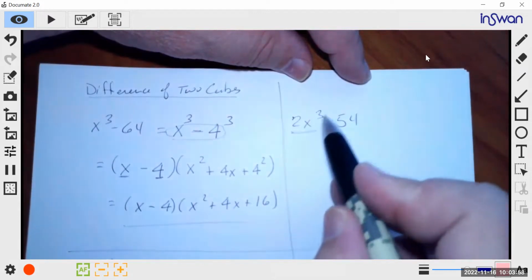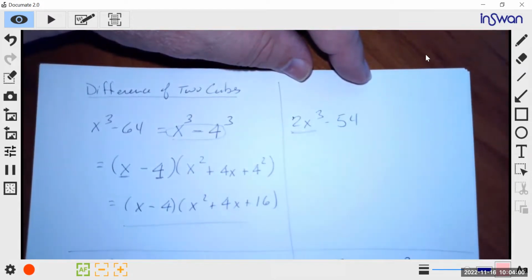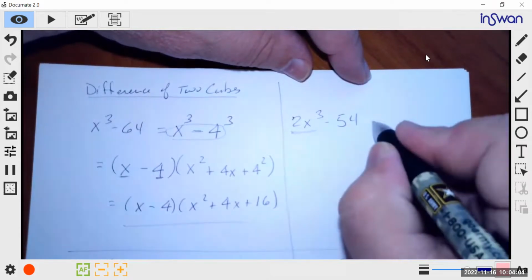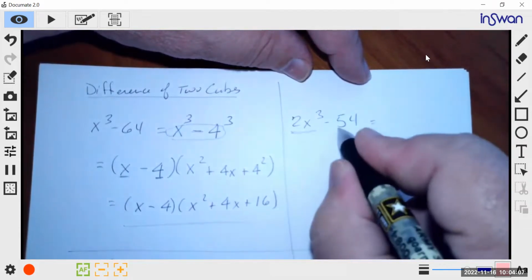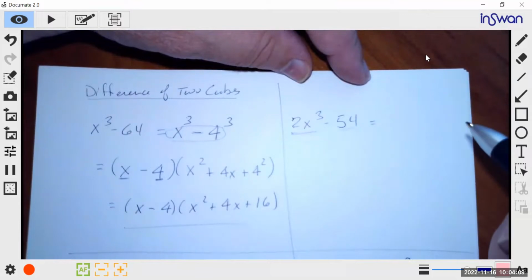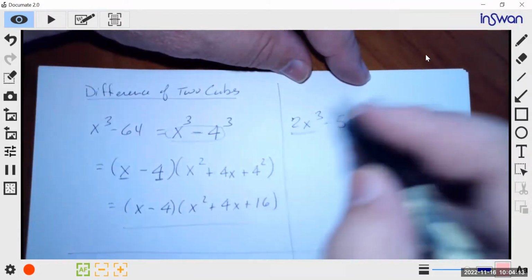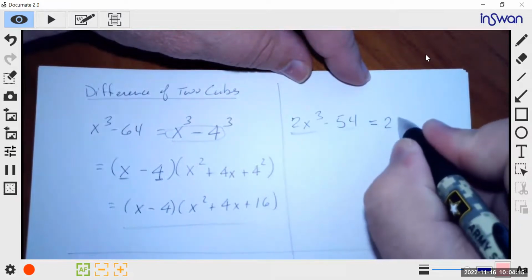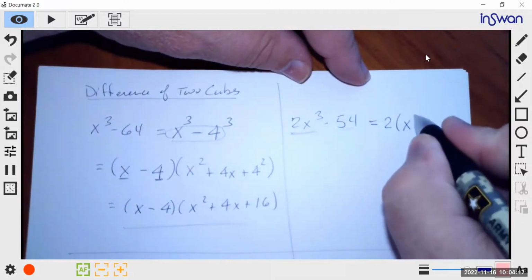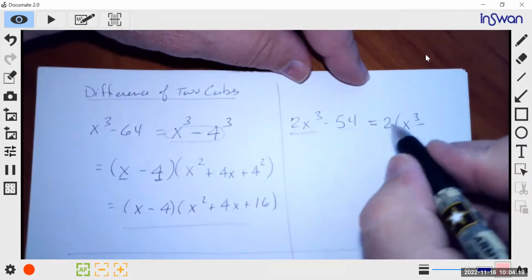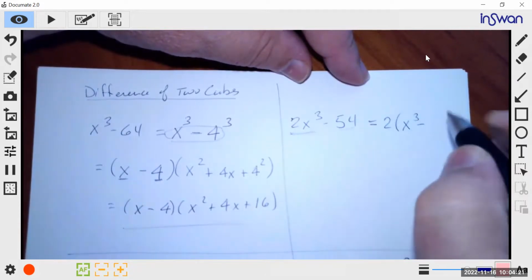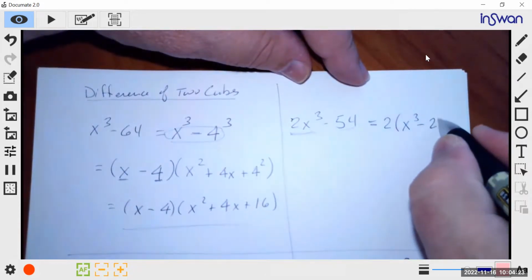That's 2x cubed. No. But neither is this. Can we do anything to help it? Factor out a 2. If we factor out a 2, we get x cubed minus 27.